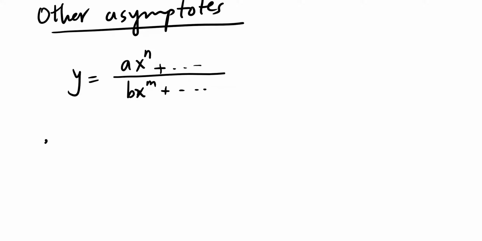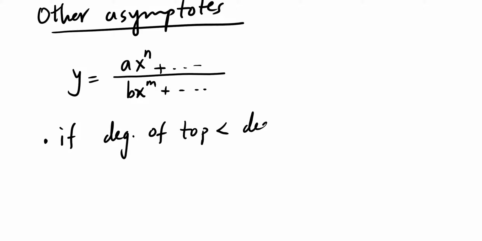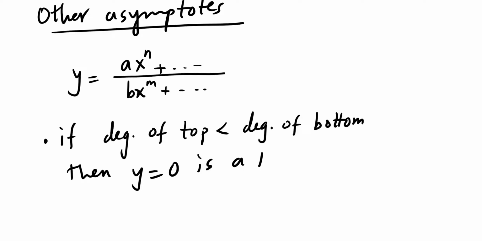So the cases we have: if the degree of the top is less than the degree of the bottom one, in other words, if n is less than m, then always y equals 0 is a horizontal asymptote.